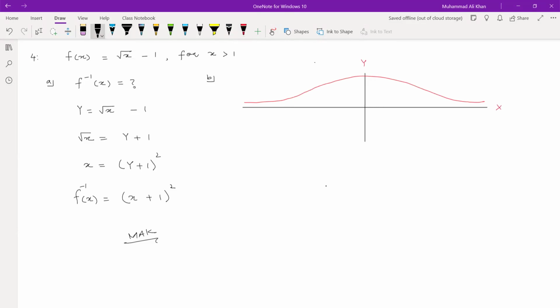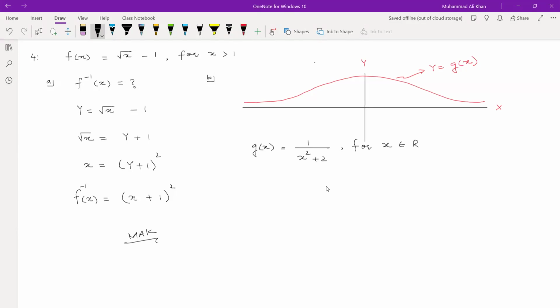And the question is, the diagram shows the graph of y equals g(x), where g(x) is 1 over x squared plus 2 for all real values of x.